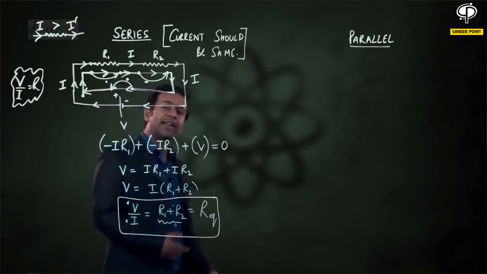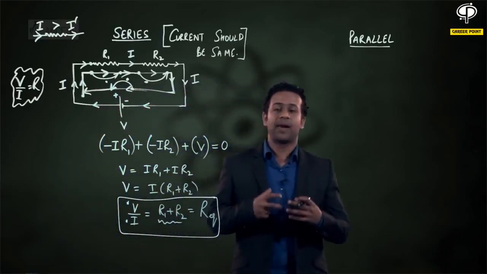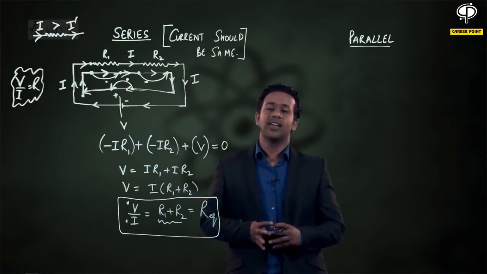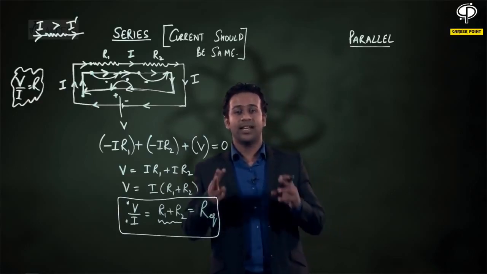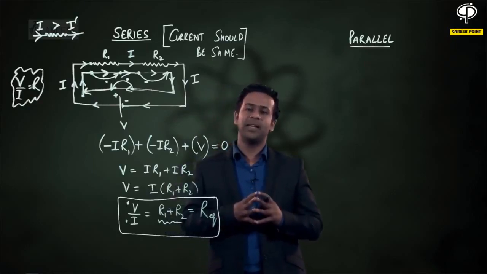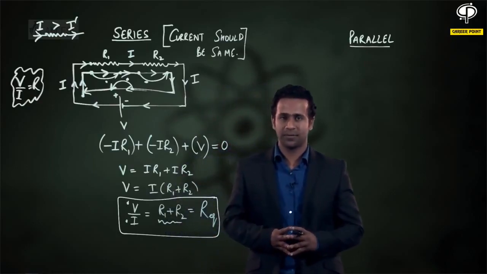So, when two resistors are applied in series, that is, they have the same current flowing through them, then their equivalent resistance is simply the sum of the two resistors.